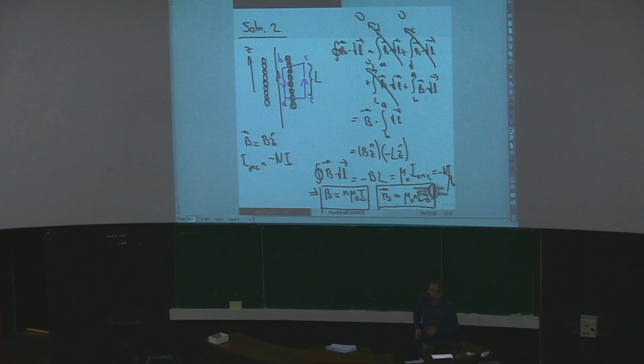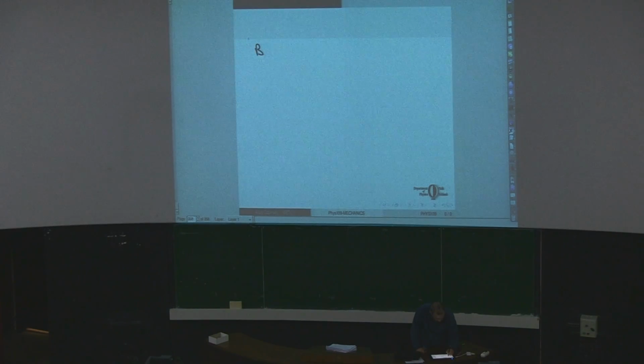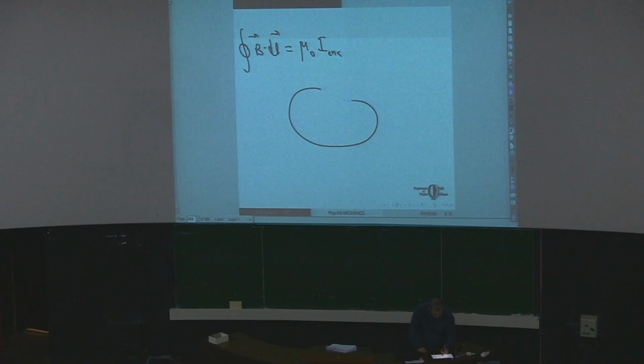Now, when we are defining the Gauss law, that's from the main definition, the B dot dl. Here you have a closed loop, which you can orient in whichever way you like.